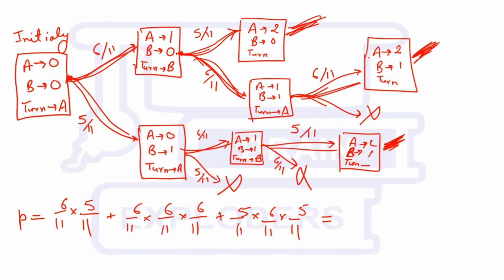Nice. Now we have to solve all these. Suppose here we have written 11 by 11, then 11 cube is the denominator, and in the numerator it is 30 multiplied by 11, meaning 330, plus 6 cube, meaning 216, plus 25 multiplied by 6, meaning 150, and this is equal to 696 over 11 cube.